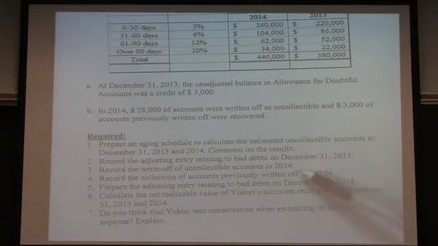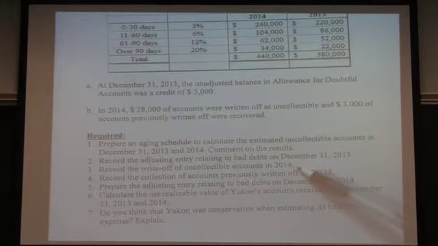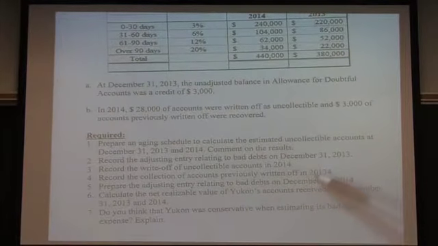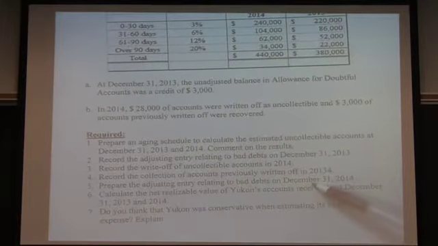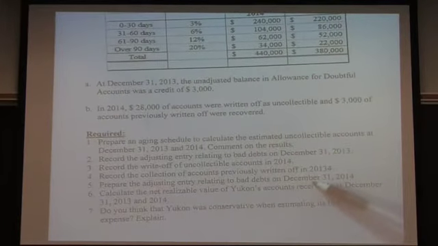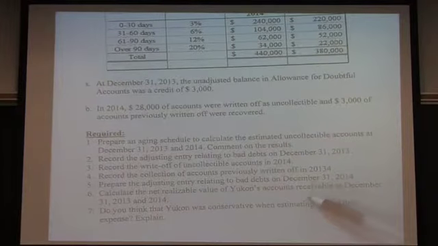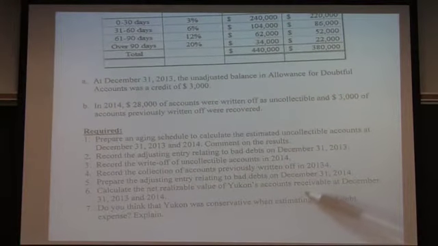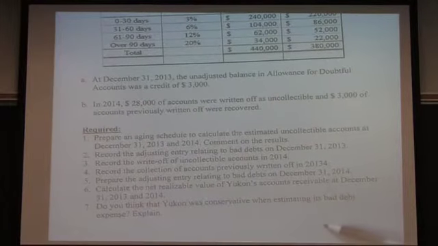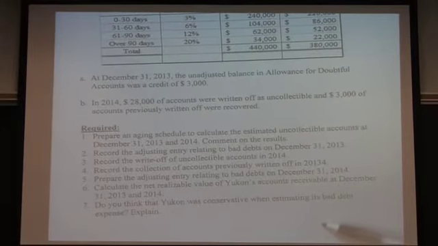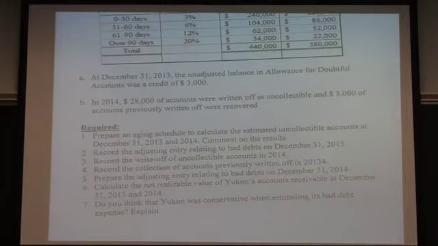They then want you to record the write-off of uncollectibles in 2014 and the collection in 2014. They want the adjusting entry for bad debt expense in 2014, the net realizable value of receivables for 2013 and 2014, and they ask whether you think Yukon was conservative when estimating the bad debt expense, and to explain it.